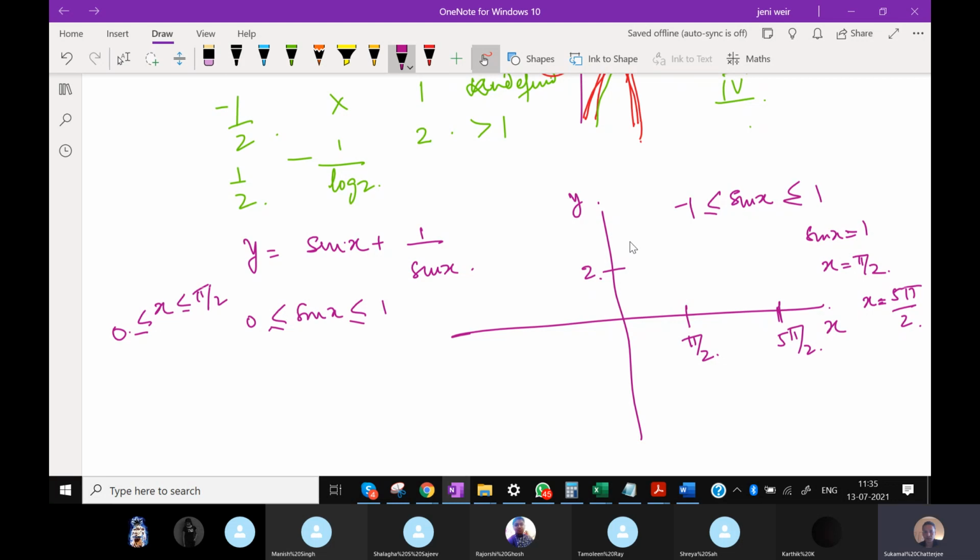So the graph of sin x plus 1 by sin x will be like this up to x equal to pi by 2.